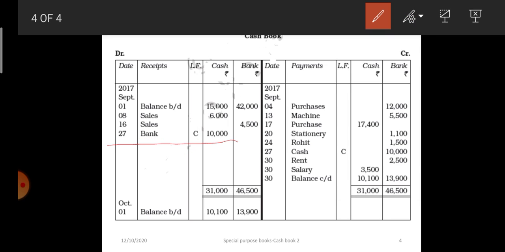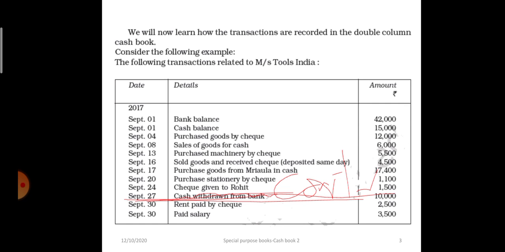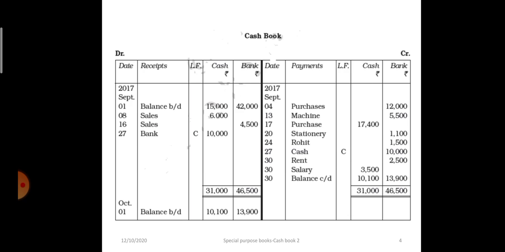So, contra entry: To Bank 10,000 in the cash column, and on the credit side, By Cash 10,000 rupees in the bank column. Now let's take another transaction.